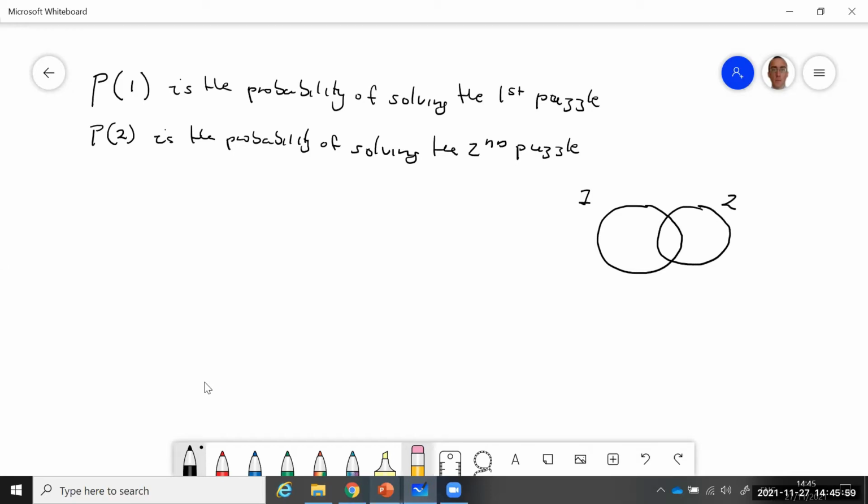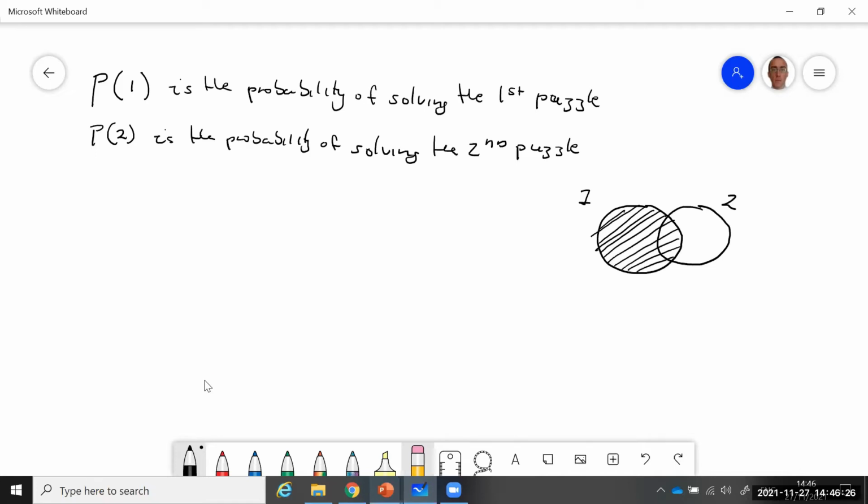The line 'given that they had already solved the first problem' represents this entire shaded area here. That's all the people who had solved puzzle 1.